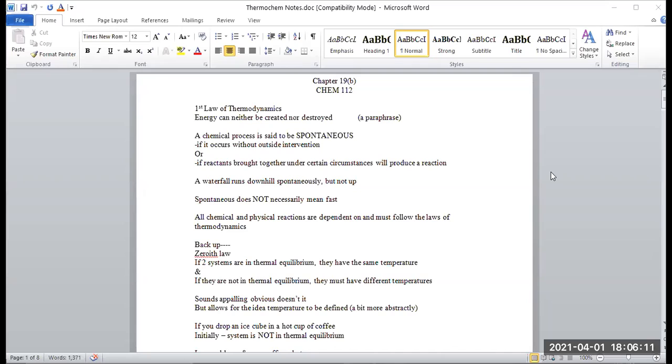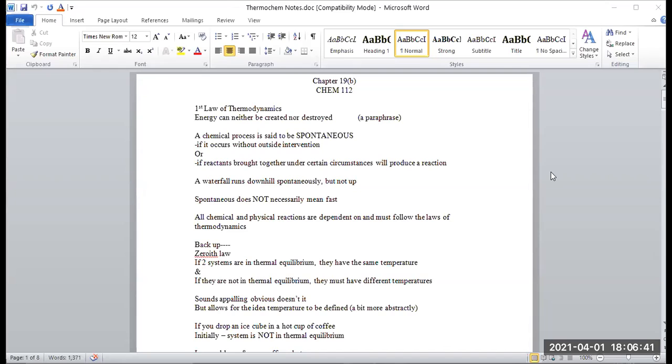This starts with a similar idea and takes you down a different path. This is another chapter where there is some overlap between chemistry and physics as far as how you manipulate energy.